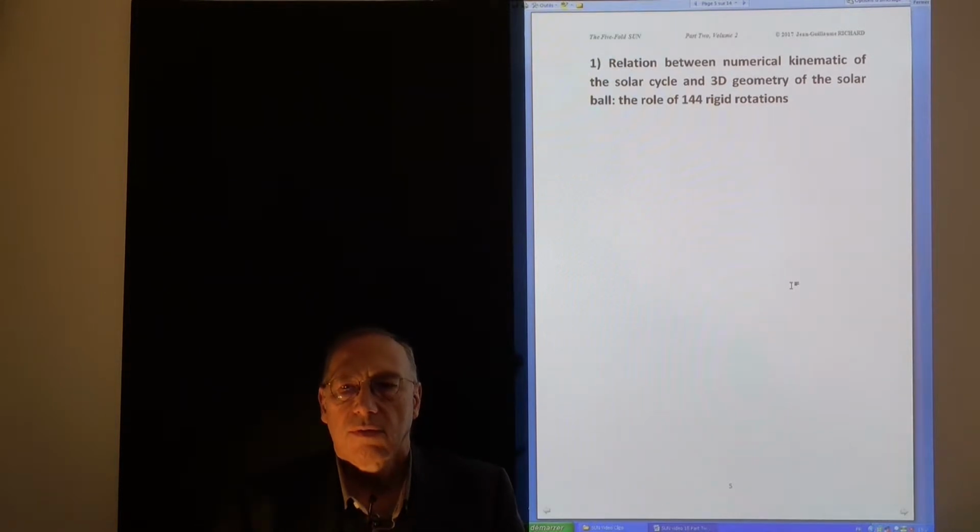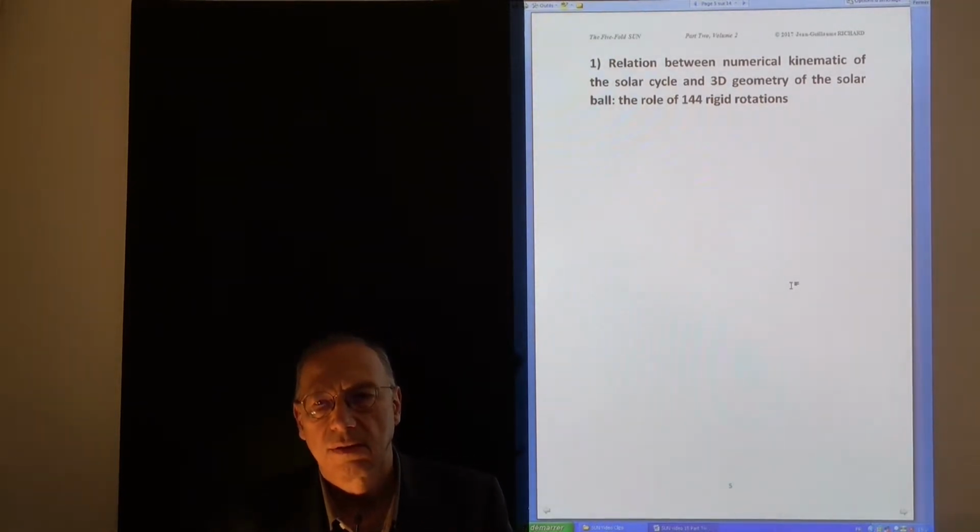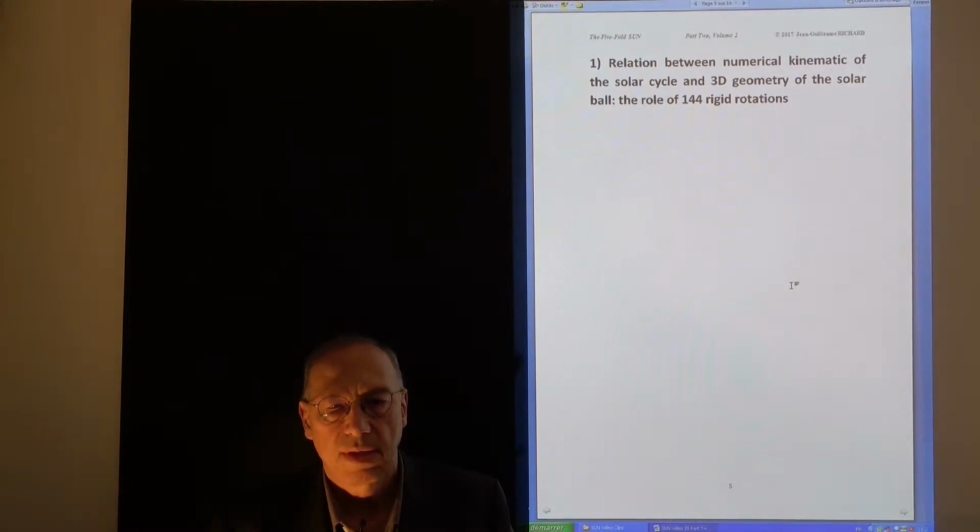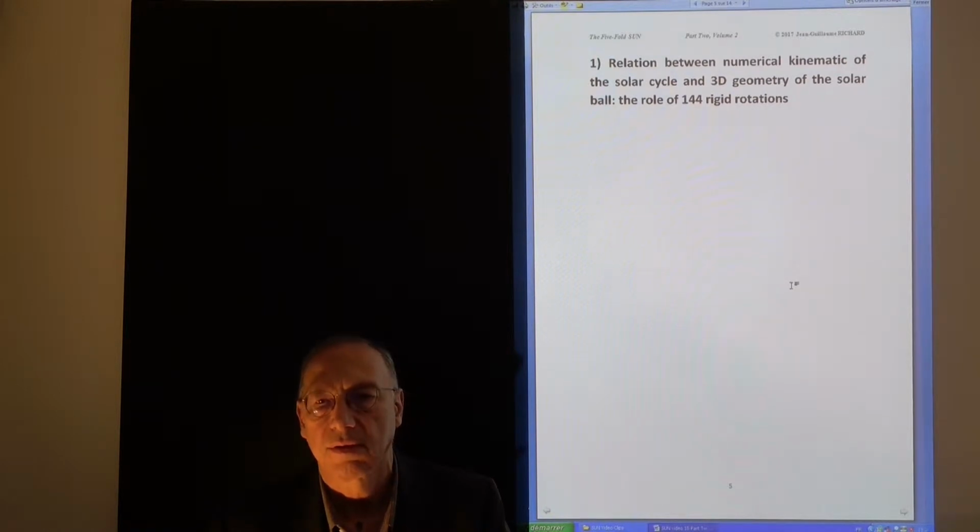We today want to reflect on this relation between the numerical kinematic of the solar cycle, which was found in part 1 of the Fivefold Sun as a book to be based on Fibonacci numbers and generalized Fibonacci numbers, in which the Fibonacci number 144 played a key role because it is the total number of rigid rotations over a quasi-decadal solar cycle, and the fivefold symmetry in the 3D geometry of the solar ball.